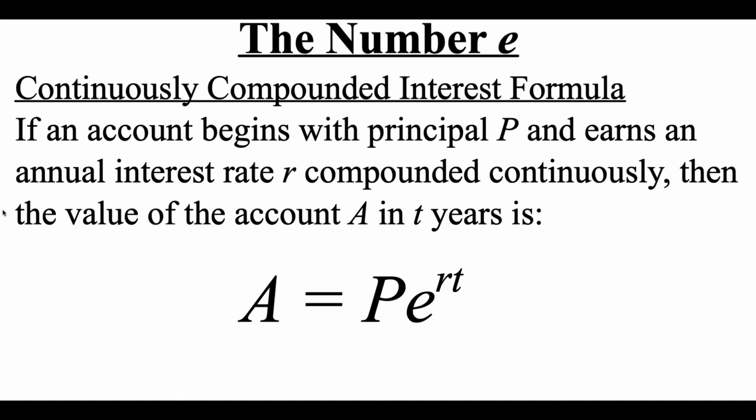So if your account begins with a principal amount P and earns an annual interest rate R, compounded continuously, then the value of that account after T years can be modeled by the equation A equals P times e raised to the power R times T. That's your compounded continuously formula.